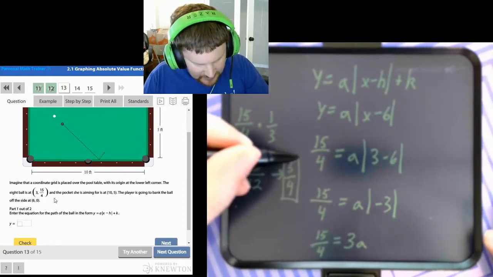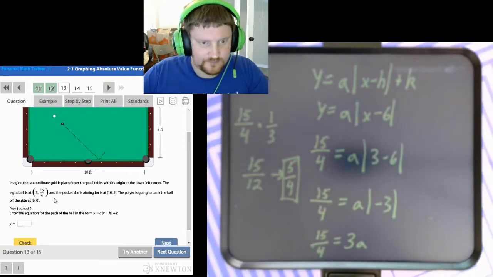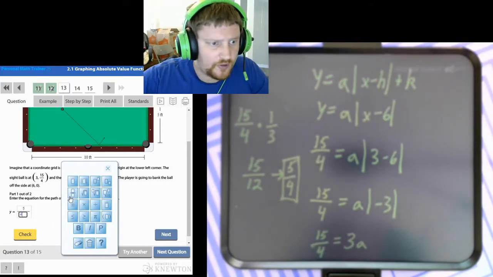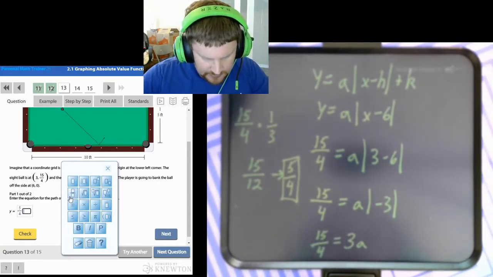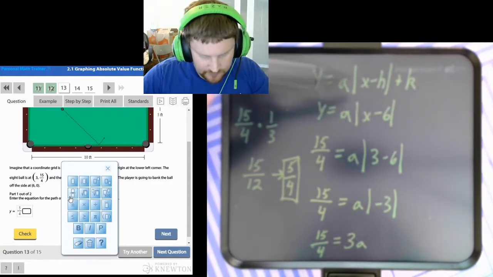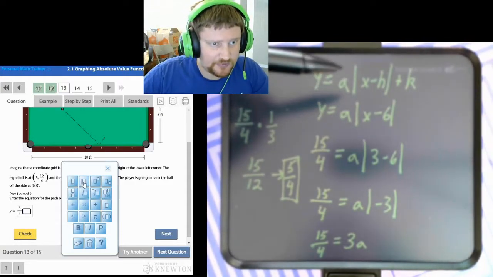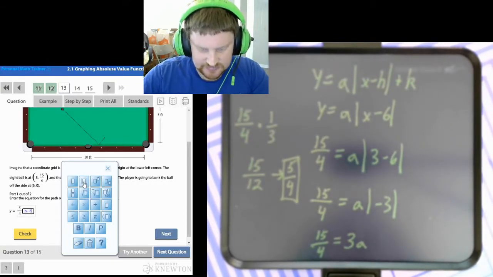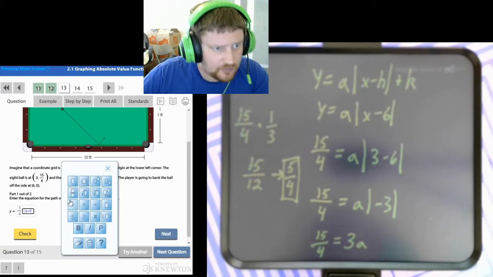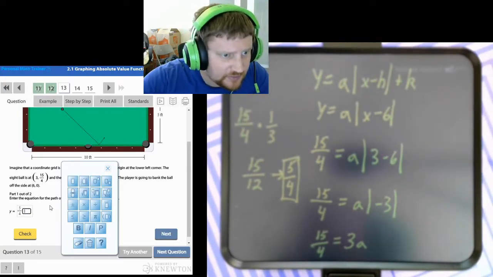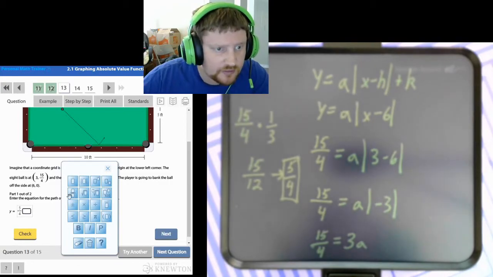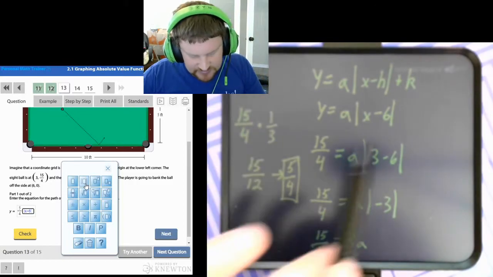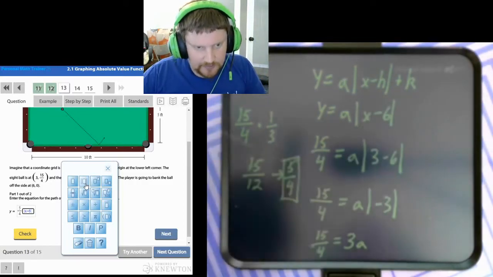So a is 5/4. So we have y equals 5 over 4 times the absolute value of x minus 6. I did it again. Got myself outside of my absolute value side. Absolute value of x minus 6. That minus 6, remember, came from our h value up here.